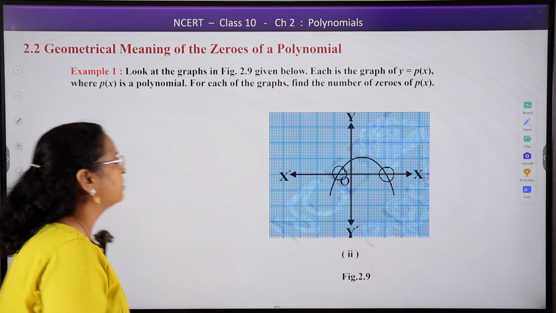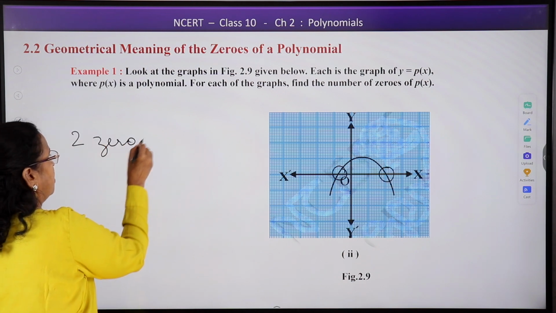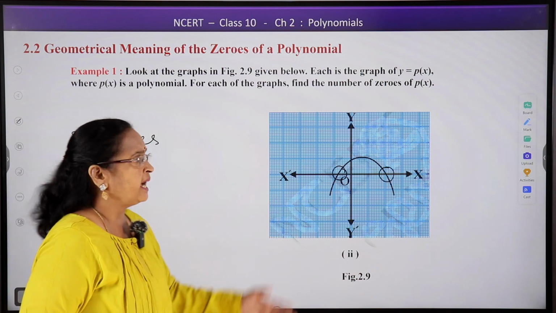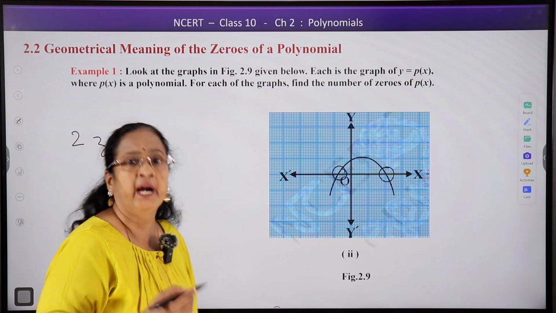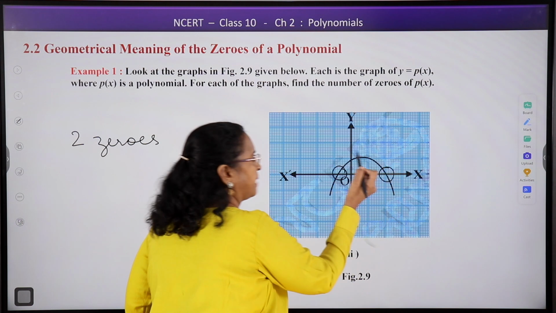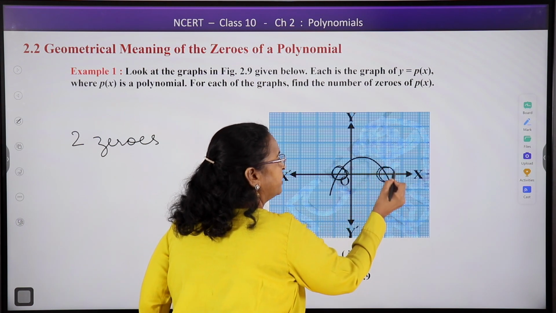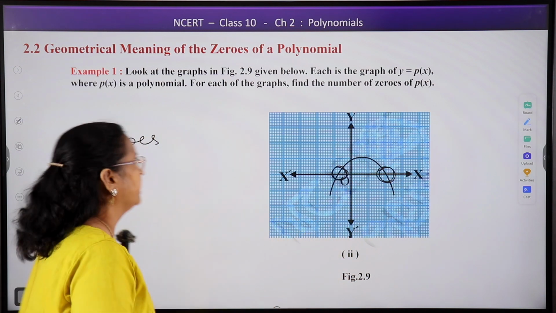Yes, absolutely right. 2 zeros of the given polynomial p(x). Why? Because the inverted parabola is touching the x-axis at 2 points. Very good.